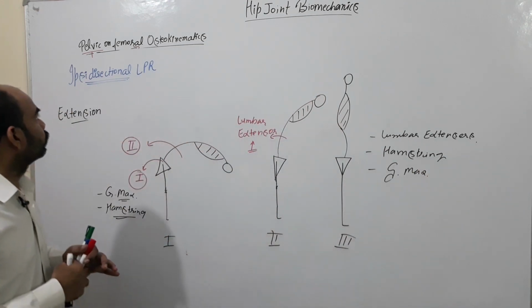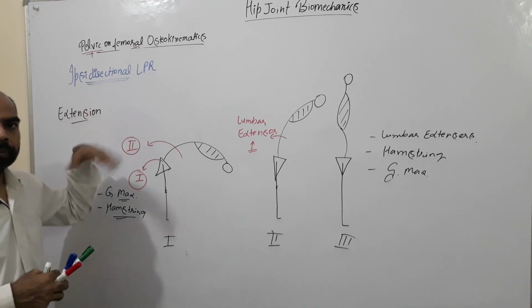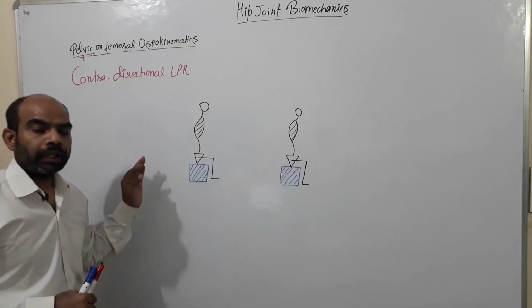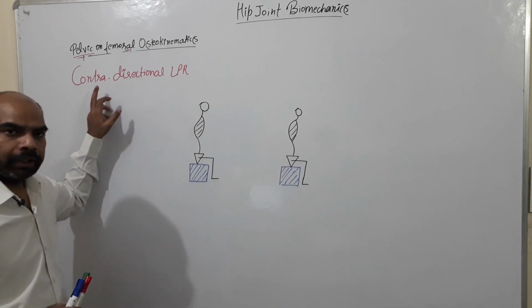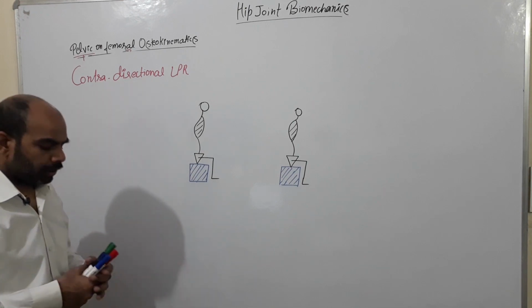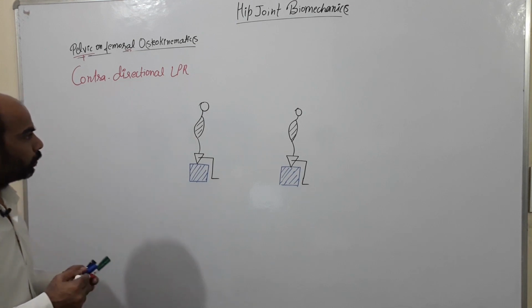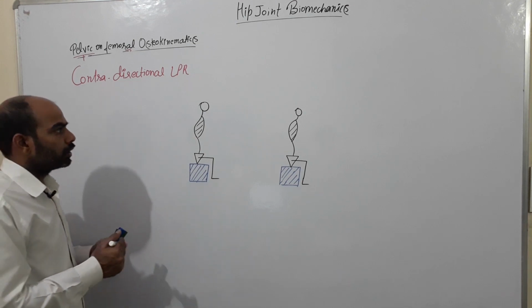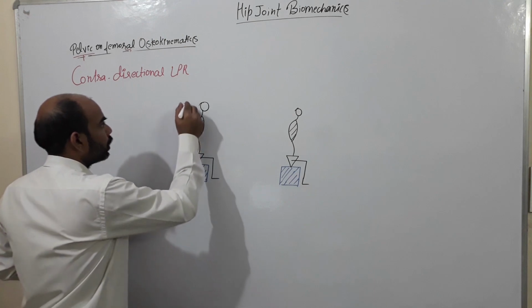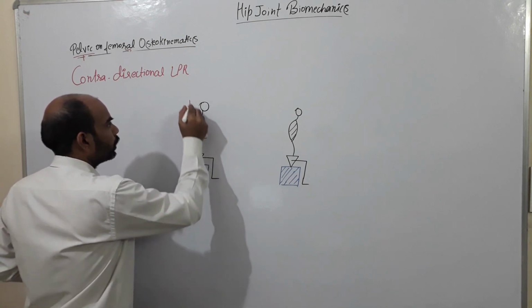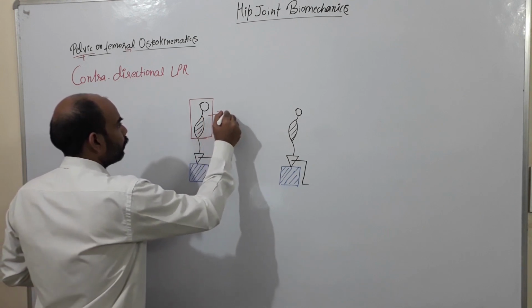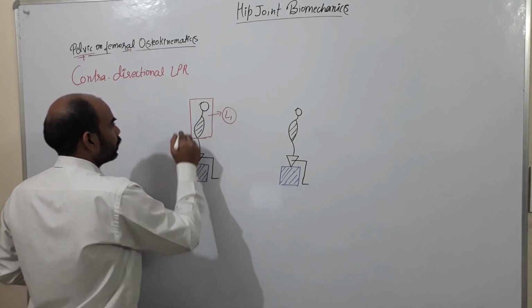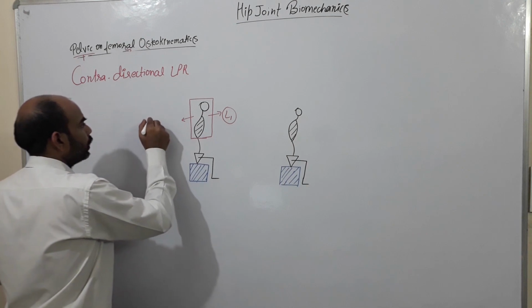Now move on to contra-directional lumbopelvic rhythm. Contra-directional means lumbar spine and pelvis move in opposite directions. This is possible because the upper trunk, meaning the trunk above the L1 vertebra, is maintained in neutral position.